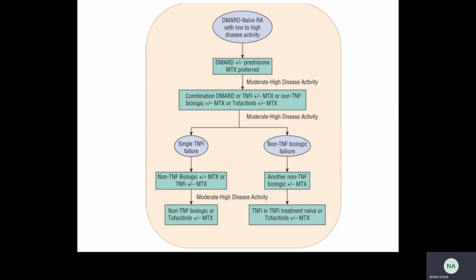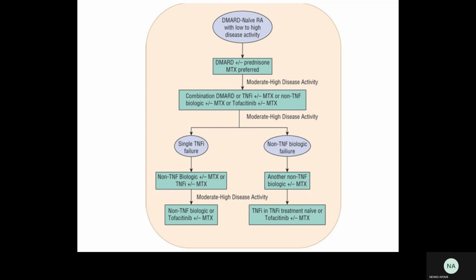When we talk about RA, what is the most important piece of data to decide about my drug therapy or treatment? We need to know the severity or activity of the disease. According to disease activity, we can divide patients into mild disease or low activity, and severe or high disease activity.